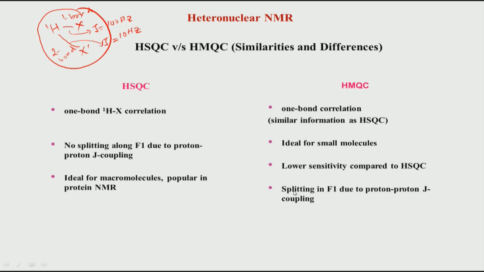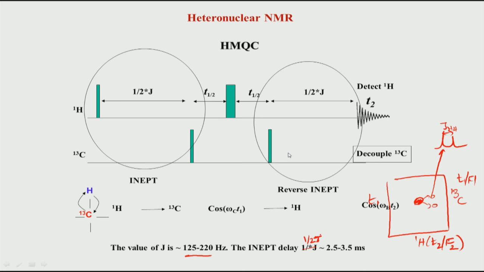And the second reason HMQC is preferred for small molecules is that it is a very simple experiment in terms of the number of pulses. In recent times there have been many experiments which have exploited this to accelerate the time required to do an NMR experiment. There are some accelerated NMR approaches which we cannot go into in detail because it is a more research oriented topic, and they were developed around features of HMQC which you cannot exploit in HSQC.